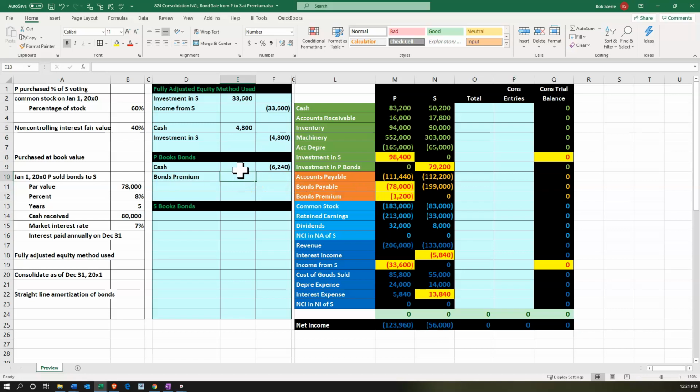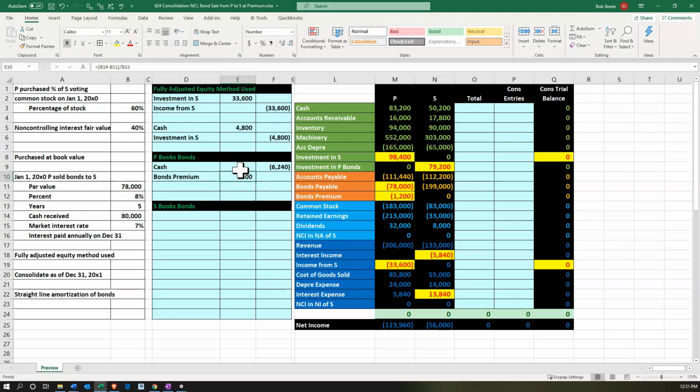And again, normally you could calculate this as saying this would be equal to, I'm going to put brackets, the 80,000, that was the original cash paid, minus the 78,000. And then we're going to divide that by 5 years. Dividing it by 5 years, that would be the 400.